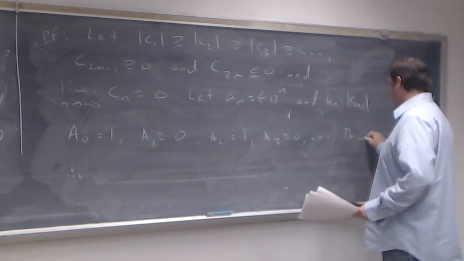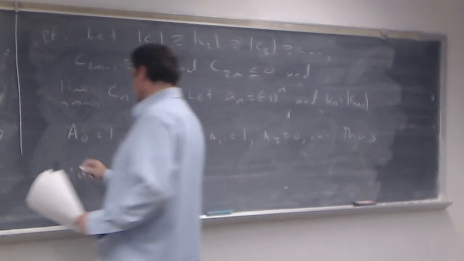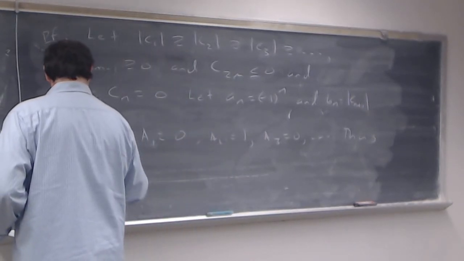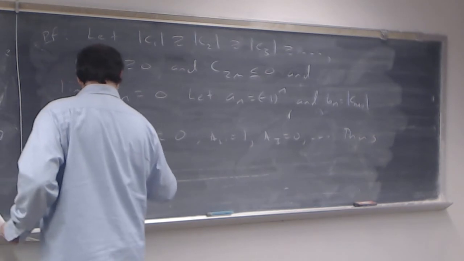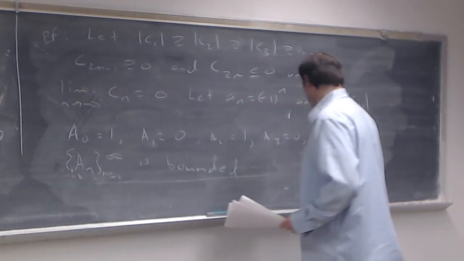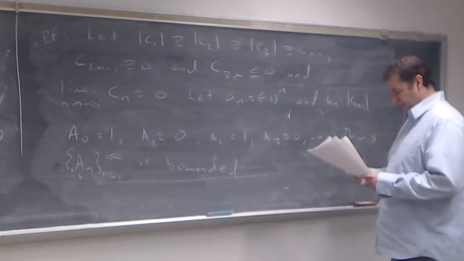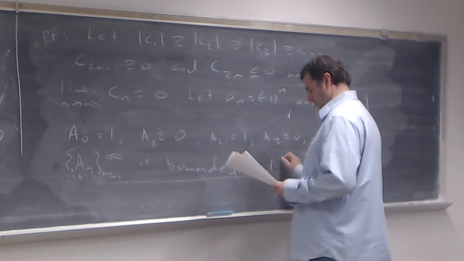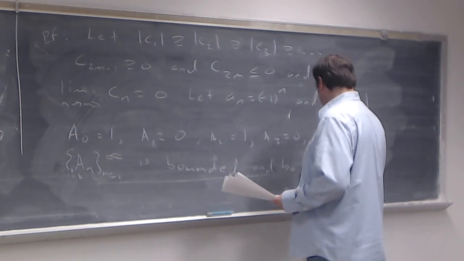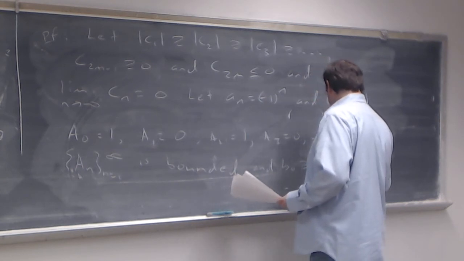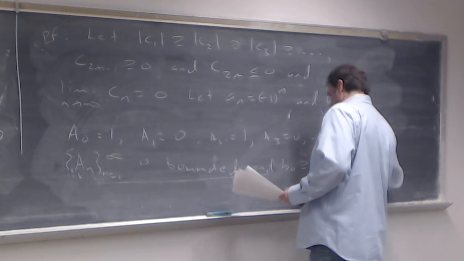And thus, what we find out is that this sequence of partial sums is bounded. And these b sub n's, we have b sub 0 is less than or equal to b sub 1, which is less than or equal to b sub 2, and so on forever.